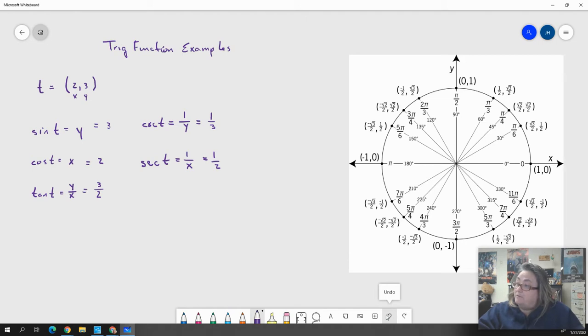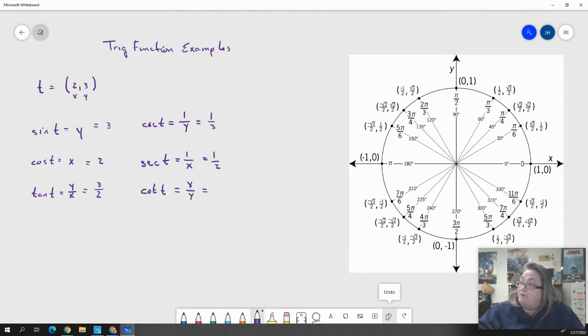Cotangent is our inverse of tangent. Notice how I try and keep these in the order that I did sine, cosine, and tangent so that I'm getting their cosecant, secant, and cotangent lined up with the ones they're inverses with. If the tangent of t is y over x, then the cotangent of t is just x over y.